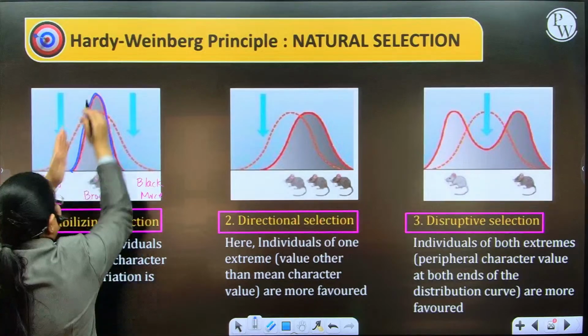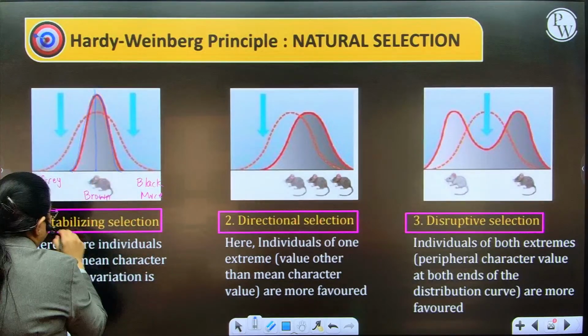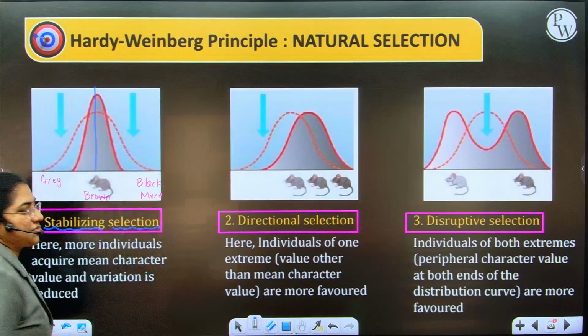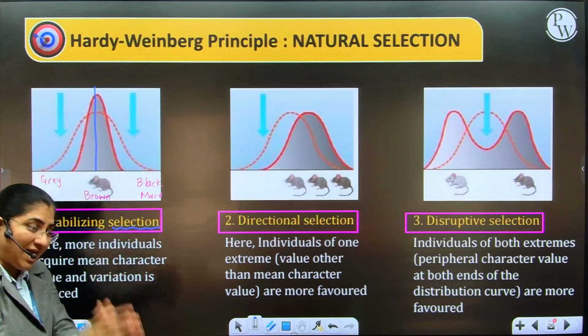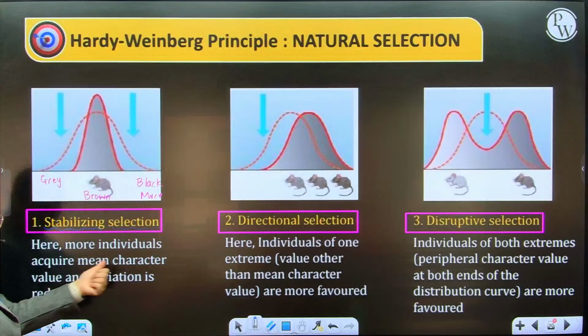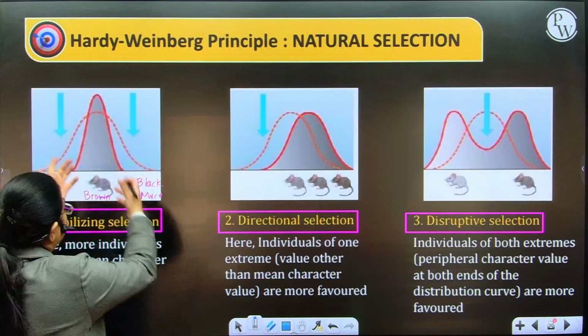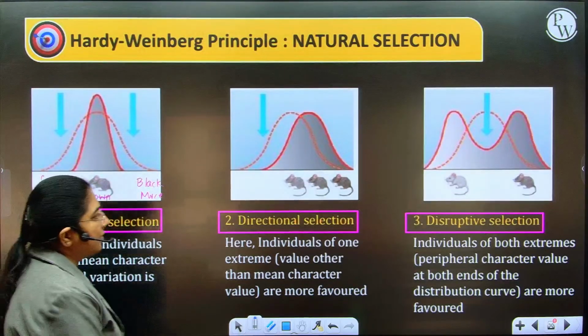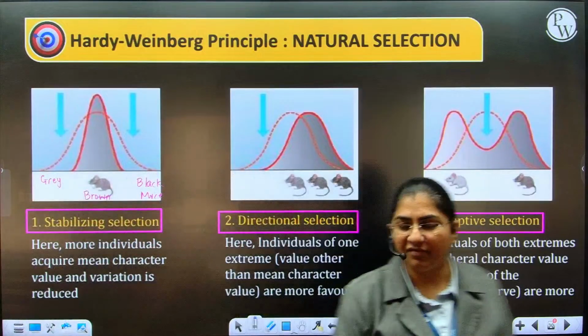Because the mean character is selected, you call it stabilizing selection. It's getting stable. More individuals acquire the mean character value, and the peripheral values are reduced, but no variant is completely wiped off.